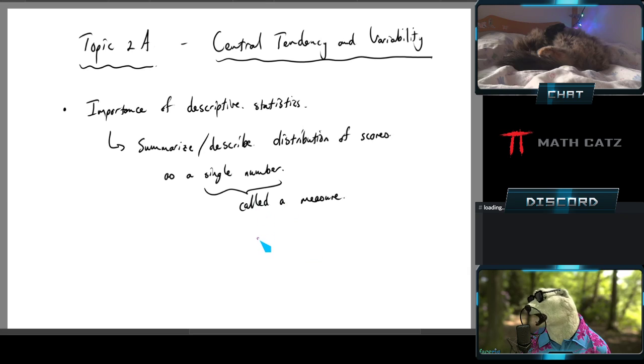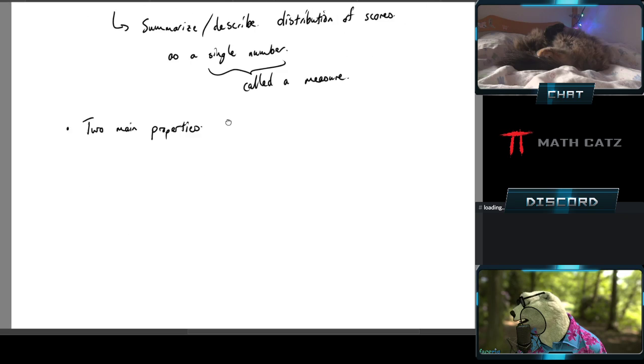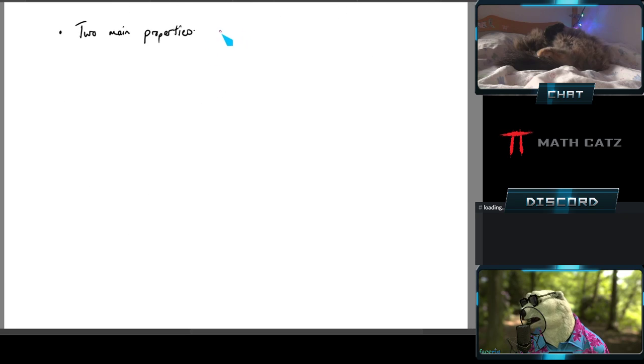Now, when we look at distributions and the histogram and scores that we might collect, there are two main properties that we want to capture and say something about.